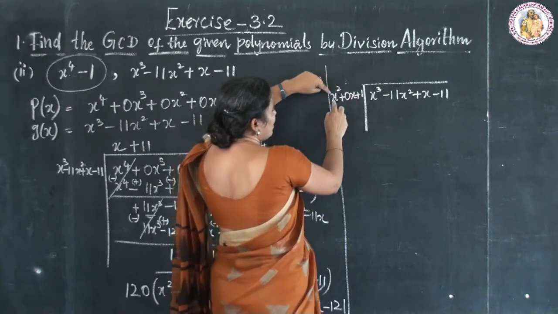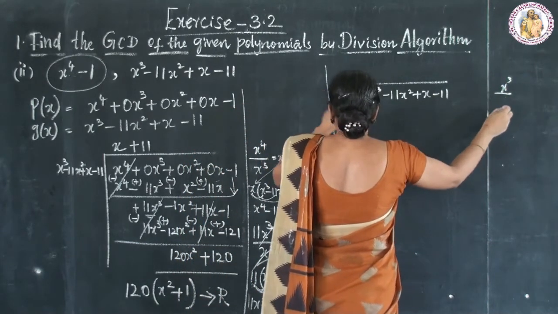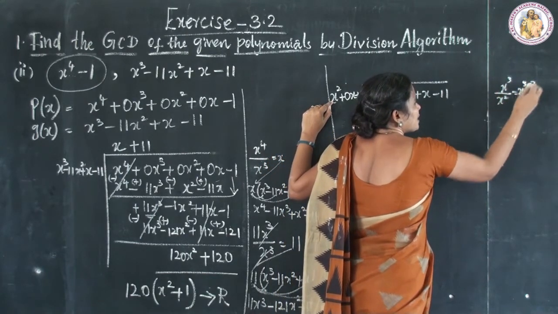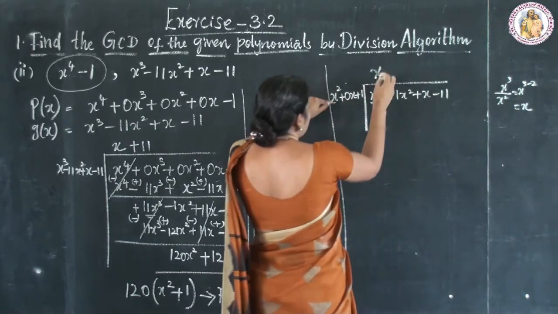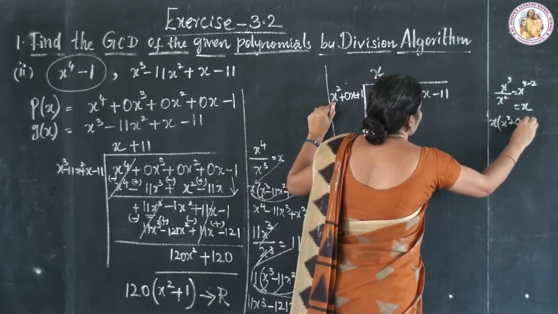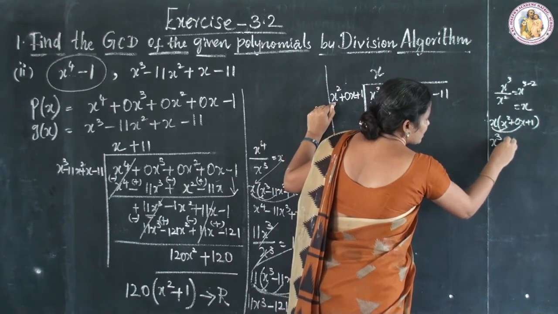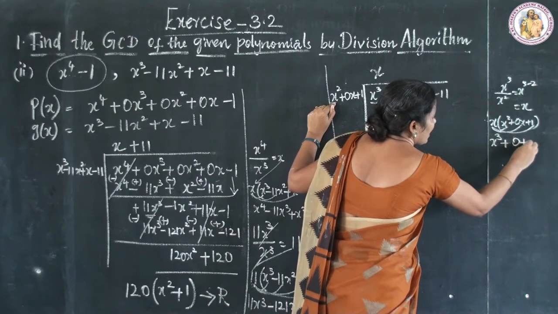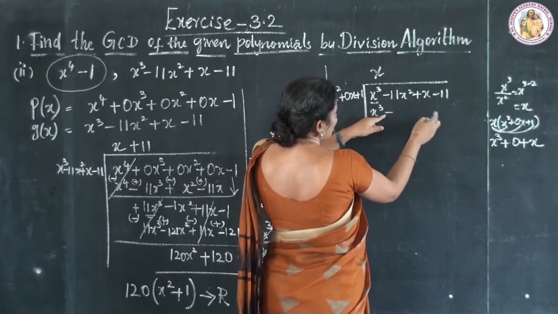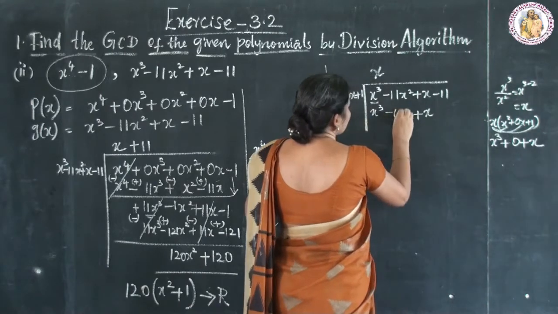Now take the first term, x cube by x square. So x cube divided by x square is x. X, right? x square plus 0x plus 1. So multiply x square into x is x cube, 0 into it is 0, and here x. So x cube plus 0, in the place of x you have to write x. Now here it is 0x square.